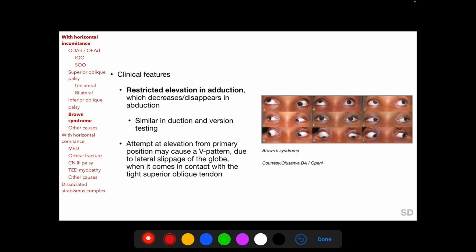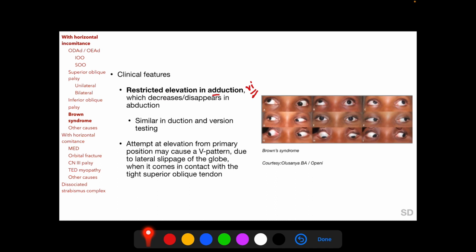The most important clinical feature of Brown syndrome is restricted elevation in adduction, which is very important to remember. And when elevation is attempted in primary position or in abduction, the restriction to elevation decreases or disappears.